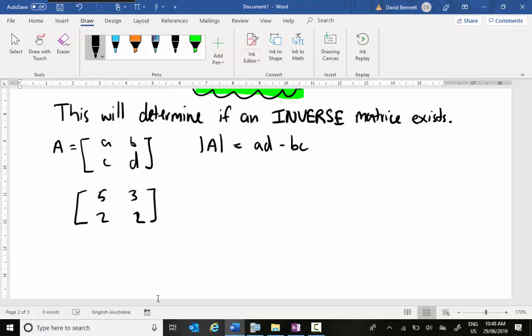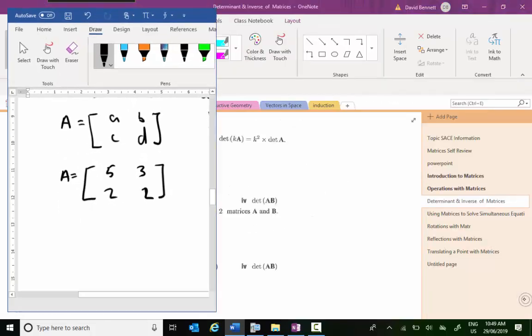So if I want to work out what my determinant is, we're going to call this matrix A. Then my determinant of A is simply going to be equal to 5 times 2 take 3 times 2. So that's going to be 10 take 6, which gives me a determinant of 4. That's simply all you need to do to work out a determinant.